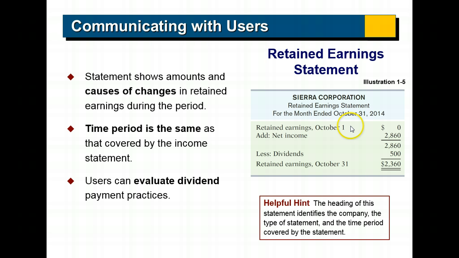So this basically shows you why there were changes to the retained earnings section during the period. The balance will always continue. So the balance starts from the previous period. And the net income gets added to our retained earnings. But if we pay out dividends, they get subtracted from our retained earnings to come up with an ending balance.